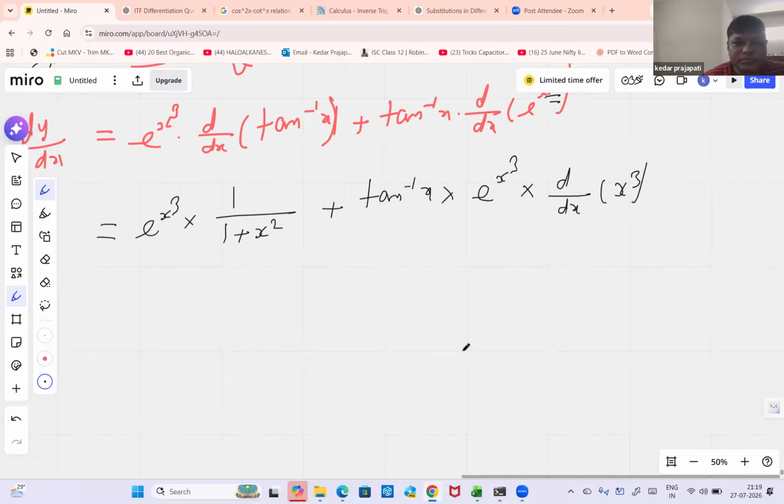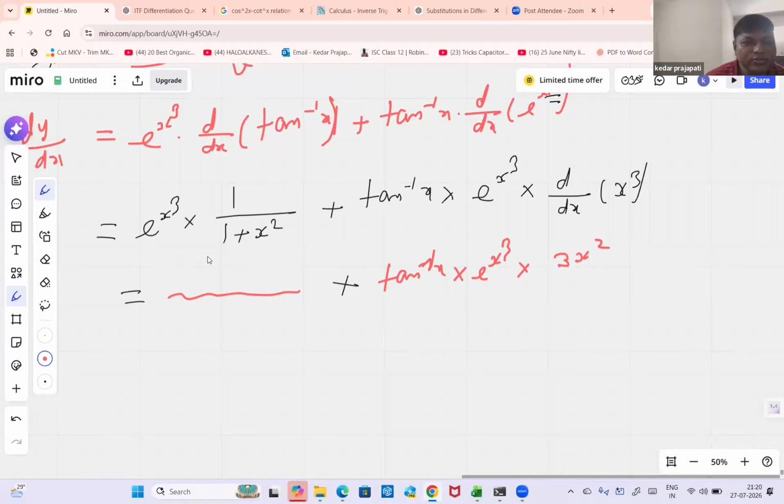So how much will come? This will be as it is. Only this much will change, no? d by dx of x cube is 3x square. Right? So this is your answer: e power x cube by 1 plus x square and this. Am I right or wrong?